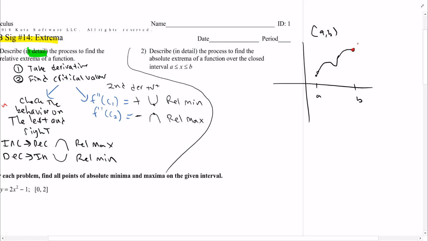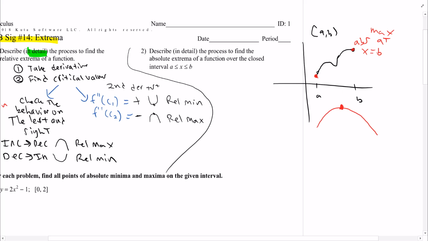In this case, the absolute max is at x equals b, and the absolute min is at x equals a. But we could have had a case like this, where the absolute max would have been somewhere in between a and b.